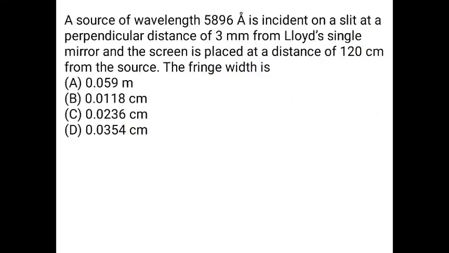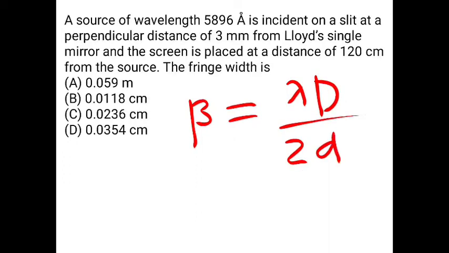A source of wavelength 5896 angstrom is incident on a slit at a perpendicular distance of 3 mm from Lloyd's single mirror, and the screen is placed at a distance of 120 cm from the source. The fringe width is, the expression of fringe width is given by lambda into capital D by 2d.